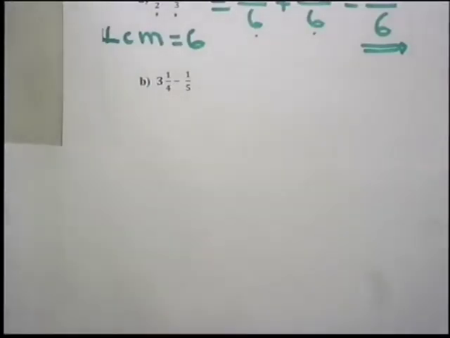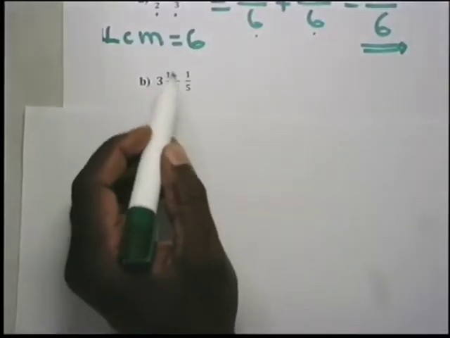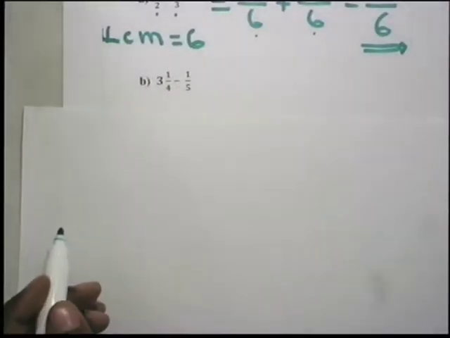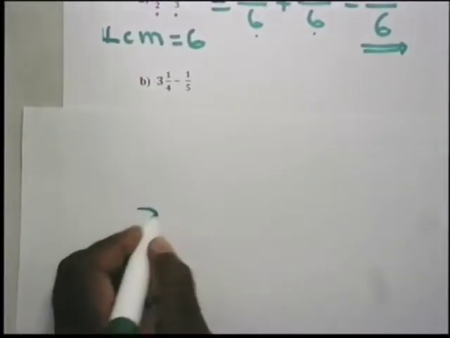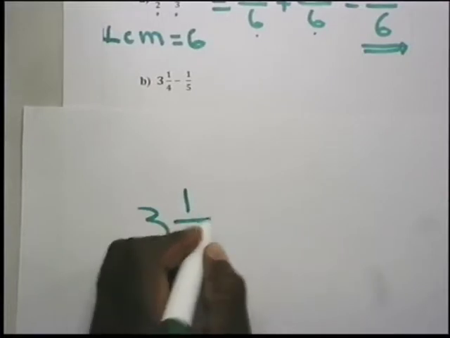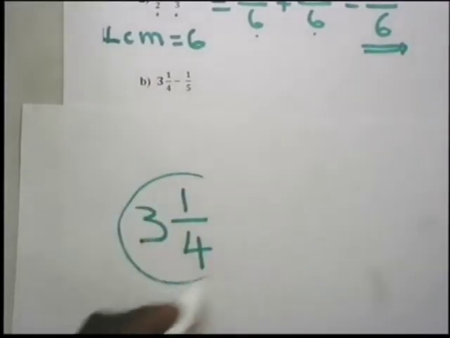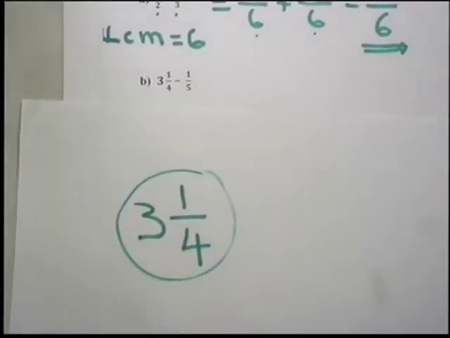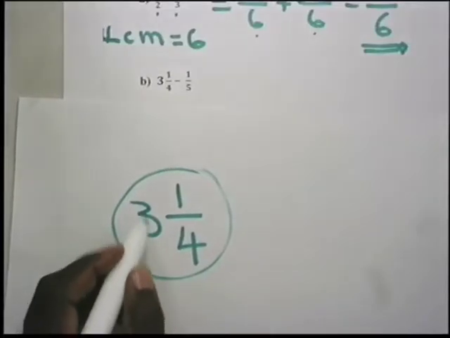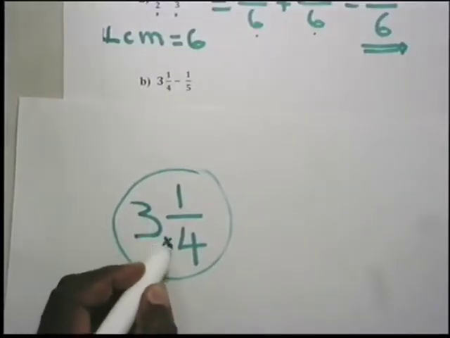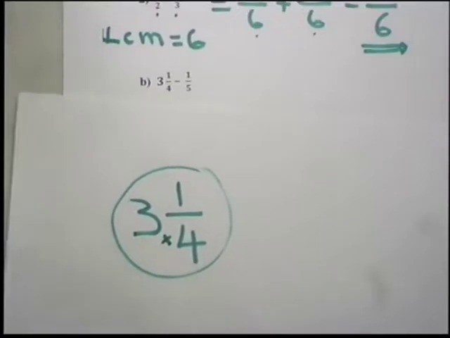But now the first challenge that we are faced with is that the first part there is not necessarily a fraction, it is called a mixed number, because we have 3 into 1 over 4. So we need to convert this into an improper fraction. But how do we do that? We always take the number in front here, we multiply it by the denominator, and then we add the numerator.